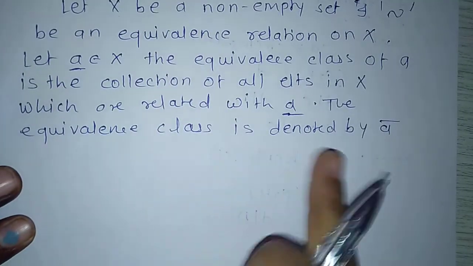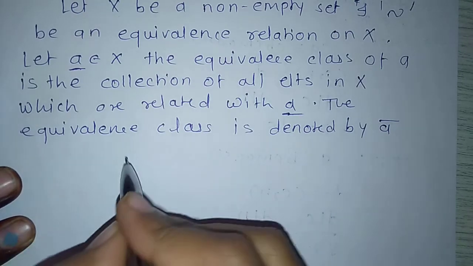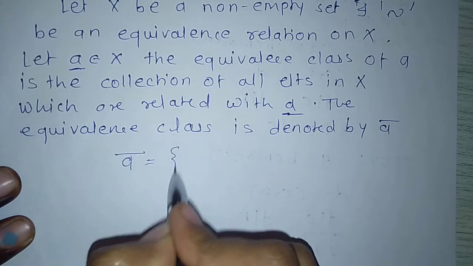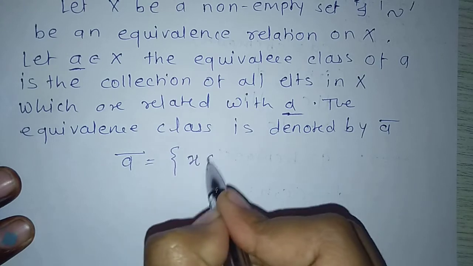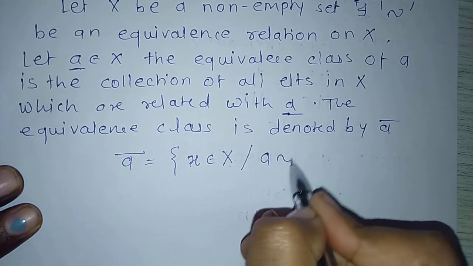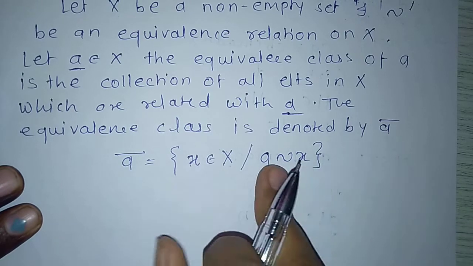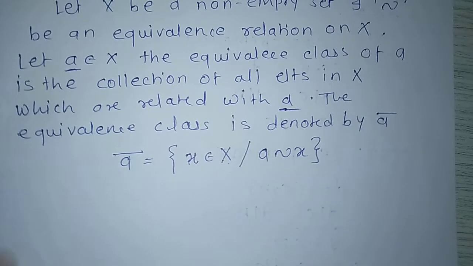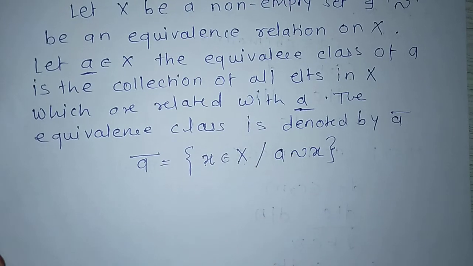The equivalence class is denoted by a bar. That is, a bar is the set of elements x in X such that a is related to x. Tilde means related to.